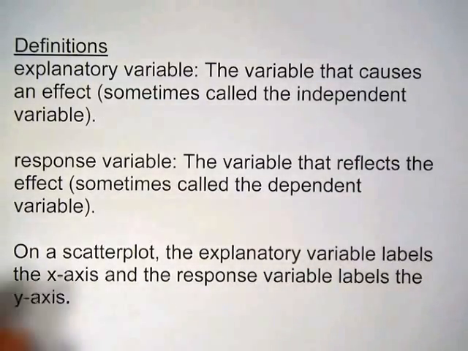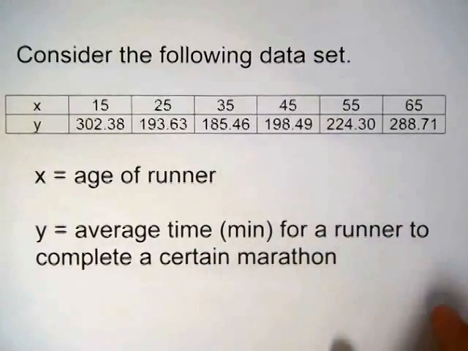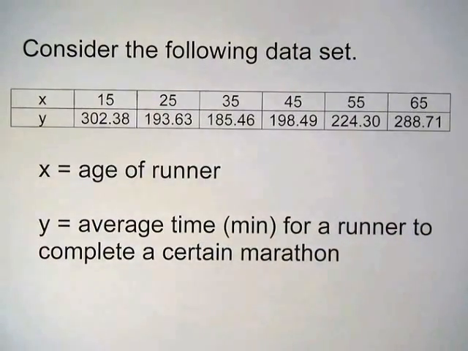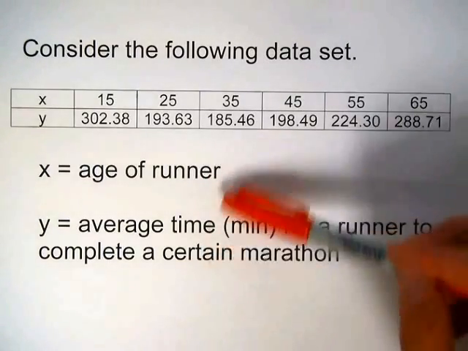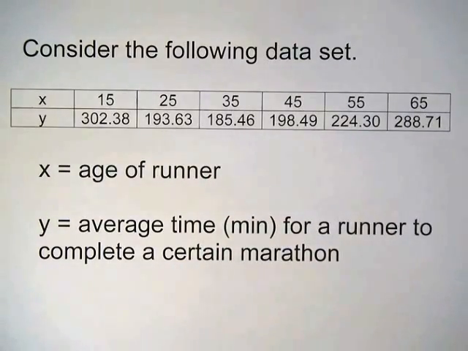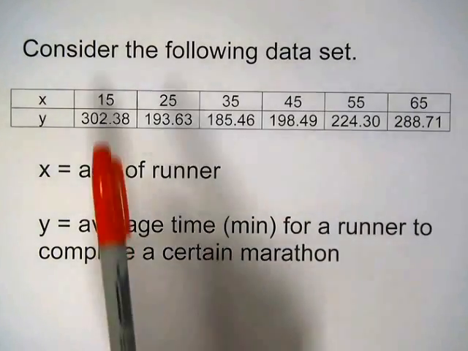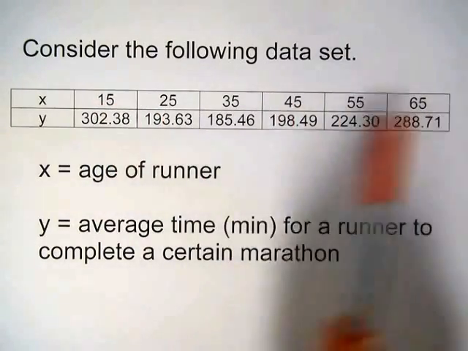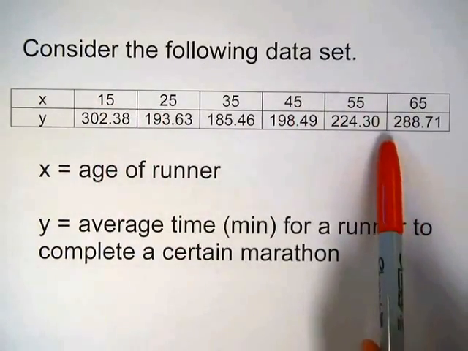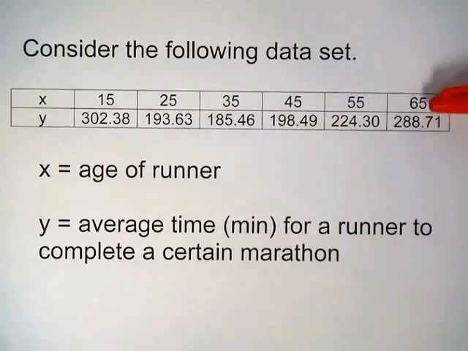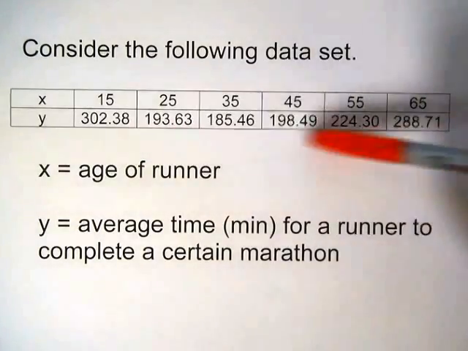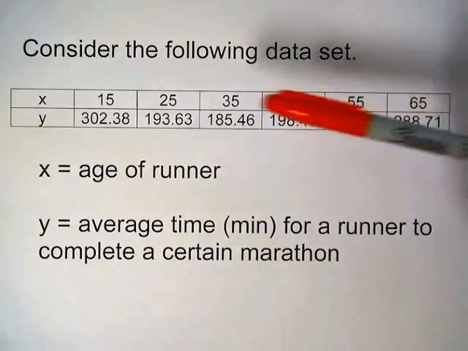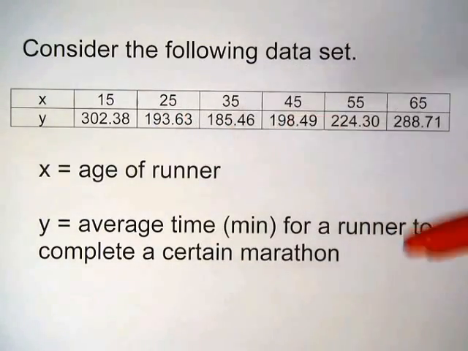Okay, so again, if we go back to our data set, if we had to pick between these two, which is the response and which is the explanatory variable, it seems that age has an effect on time. Okay, we can definitely see that somebody that's 65 runs the marathon at a much slower rate than the 25 or 35-year-olds.